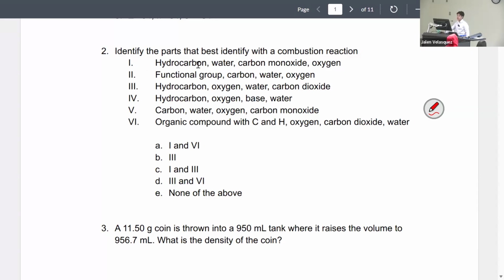So 1, we have a hydrocarbon, water, carbon monoxide, and oxygen. 2, we have a functional group, carbon, water, oxygen. 3, we have a hydrocarbon, oxygen, water, carbon dioxide. 4, hydrocarbon, oxygen, base, water. 5, we have carbon, water, oxygen, carbon monoxide. Or 6, an organic compound with carbon and hydrogen, oxygen, carbon dioxide, and water. So which of these statements best match with a combustion reaction?